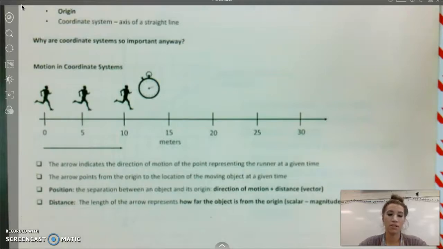The arrow points from the origin to the location of the moving object at a given time, so that arrow is going to change as time changes. And then there's a difference between position and distance, okay? Position is in this moment where you are located, and distance is the length that you traveled to get there.